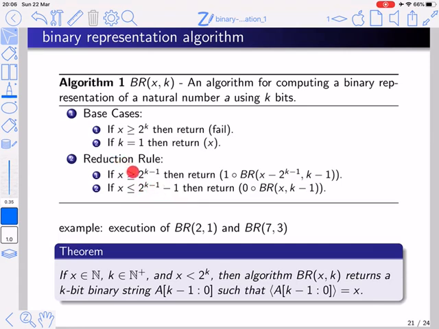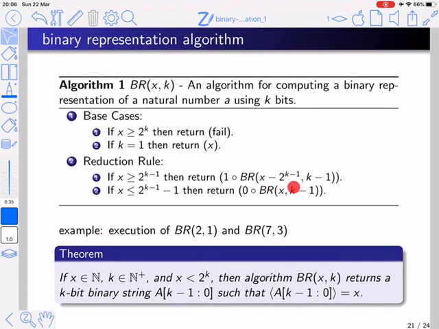In the first case, the most significant bit of the output will be 1, and the remaining bits are computed by a recursive call to the algorithm binary representation with the parameters x minus 2 to the power of k minus 1 and k minus 1. In the second case, the most significant bit of the output is 0, and the remaining bits are the binary representation of the same x without any change, but using fewer bits.